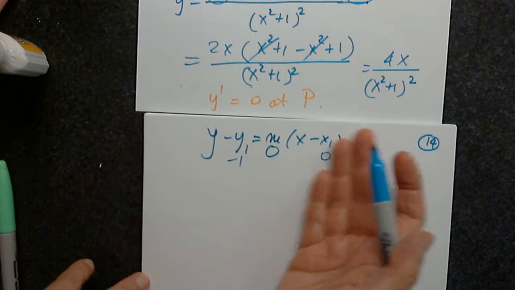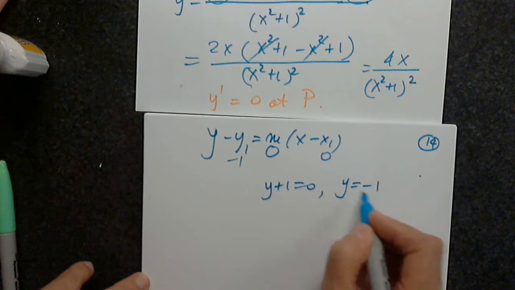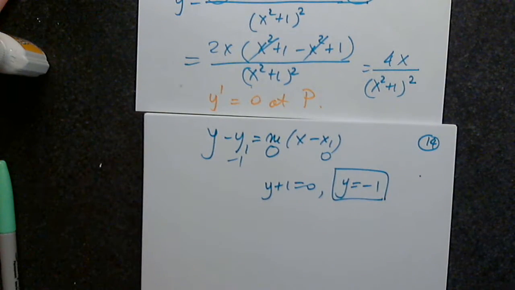So all this side is 0, y plus 1. So y plus 1 is 0, or y equals -1. So at that point 0, -1, the tangent to the graph of function y, or f of x, is -1.